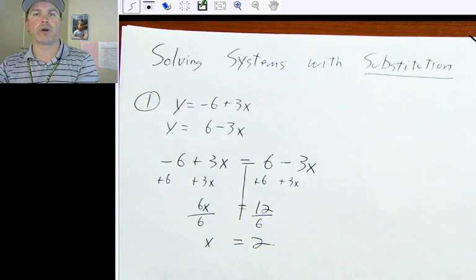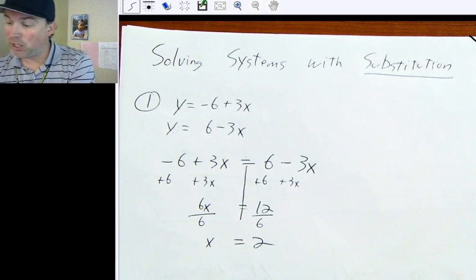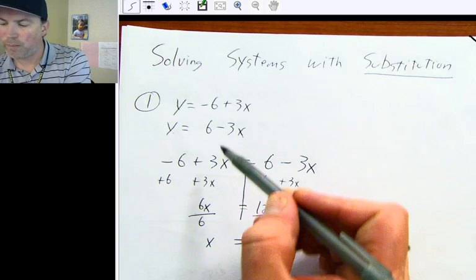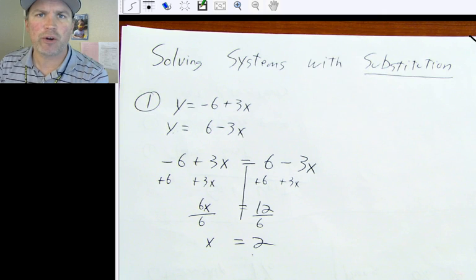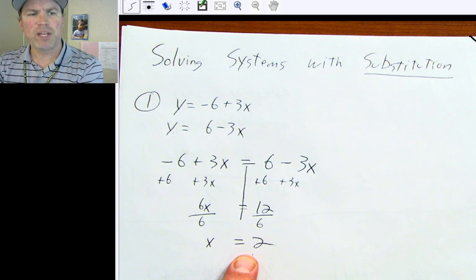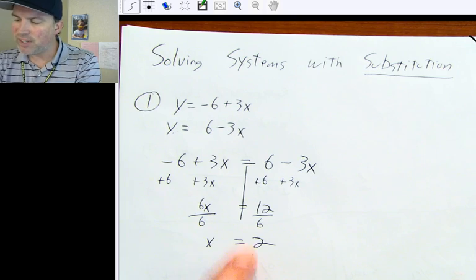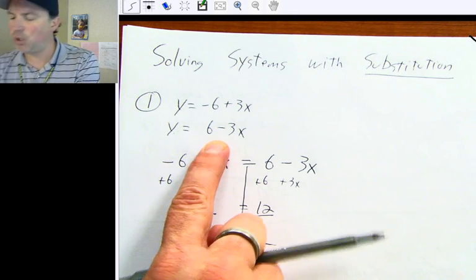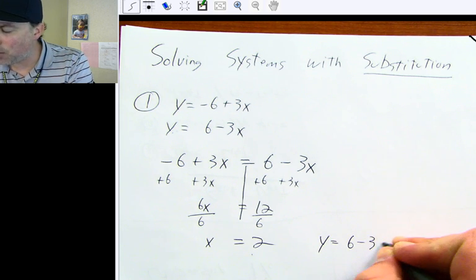So we have the x-coordinate. We need the y-coordinate though, so we're going to plug this 2 into either one of these two equations. It does not matter which equation you plug this point into. I recommend using the equation that looks the easiest to work with, and in this case, I pick the second equation. So I write that equation out, y equals 6 minus 3x.